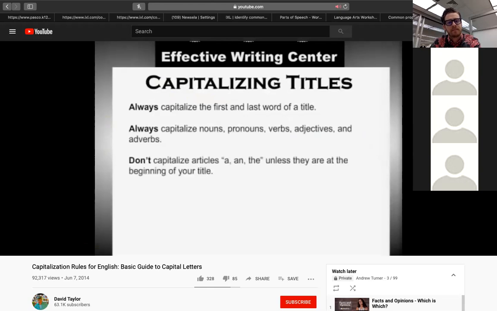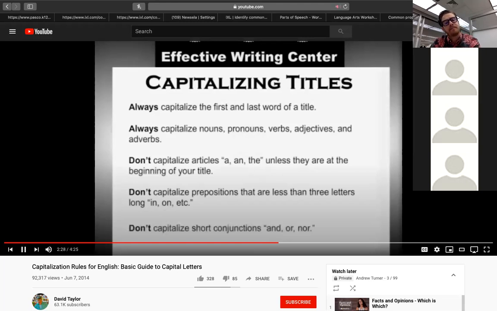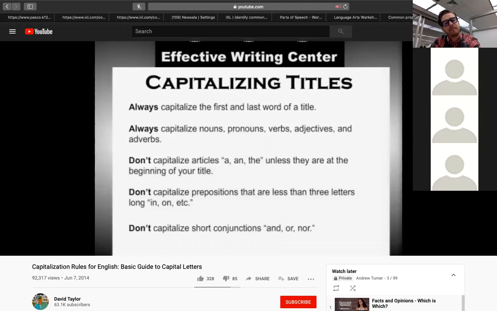Don't capitalize articles unless they are at the beginning of your title. So you're not going to capitalize these smaller words called articles, a, an, the, okay? Don't capitalize prepositions that are less than 3 letters long, like in, on. Don't capitalize short conjunctions.